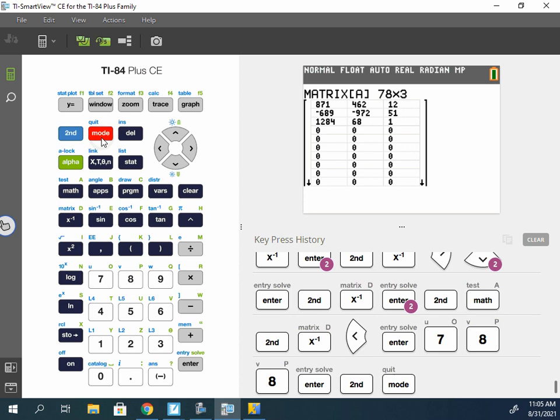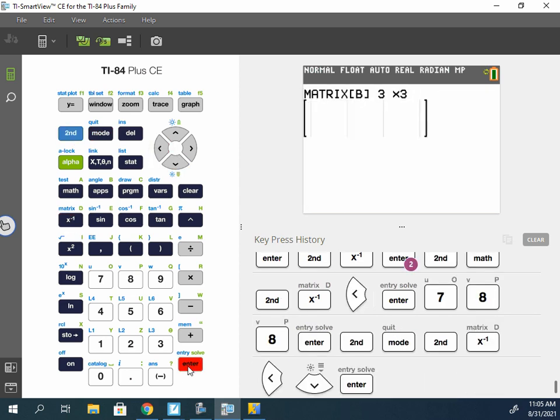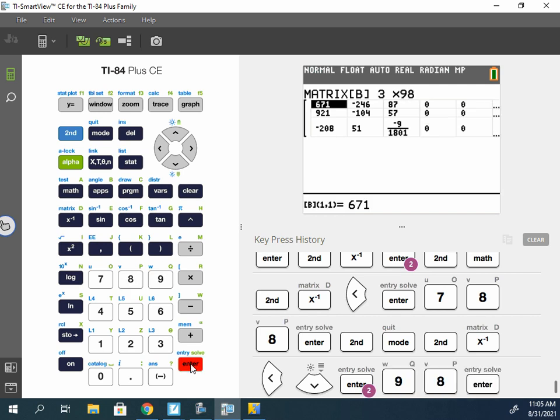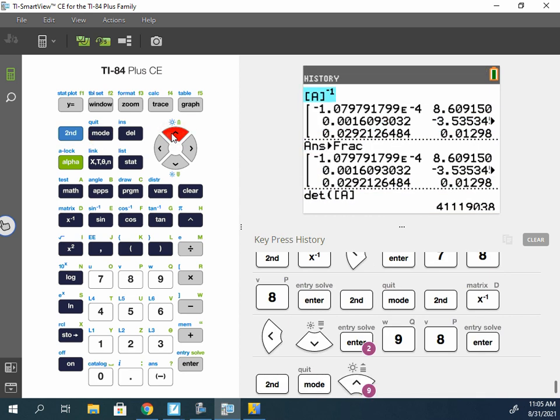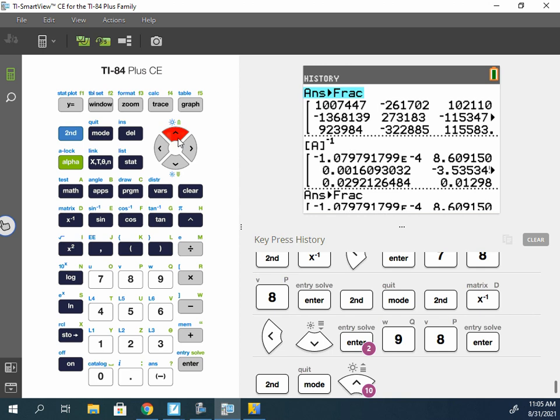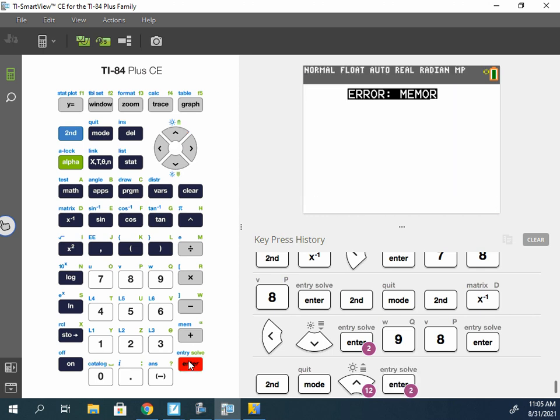Second, quit. Second matrix, edit. Here, just by how it works, we'll say 3, and then say 98. Enter. I'm going to leave the rest of them 0. Let's go back up. One more. No, 2. And tell it to multiply those two together.